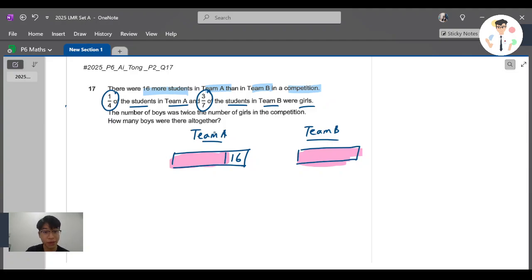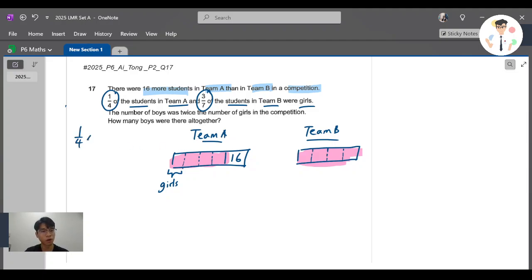So for team A, 1 out of 4 are girls, which means I can cut this into 4 parts, and out of these 4 units, 1 unit is girls. If I cut here, I need to do the same thing here, because they are the same. So I cut here, here, here. And don't forget, this 1 out of 4 of students in team A includes the 16.